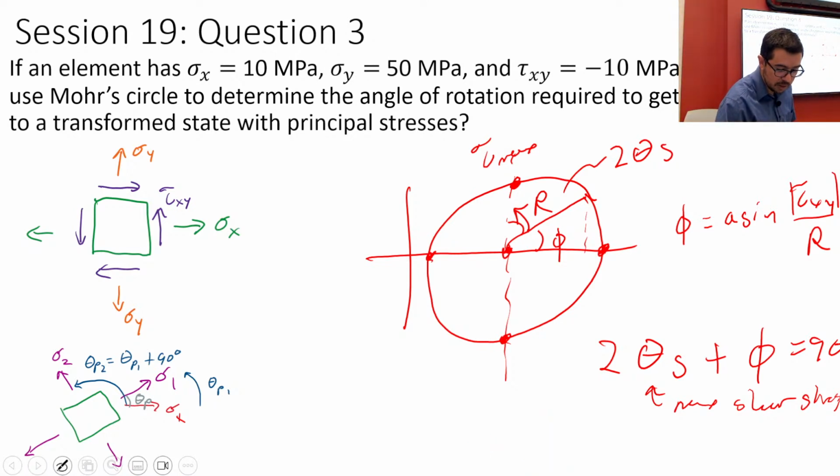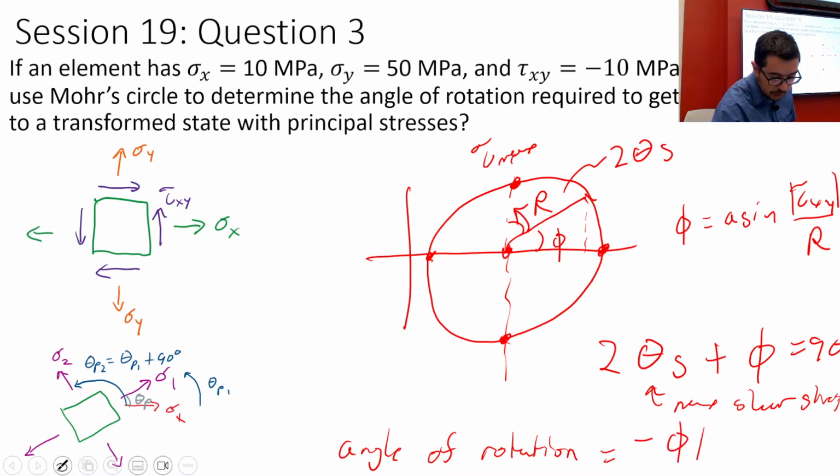So the angle of rotation is going to be equal to actually negative phi divided by 2, because I've got to rotate clockwise instead of counterclockwise. All right. Let's go on to part 3.